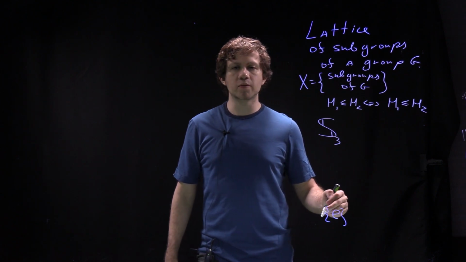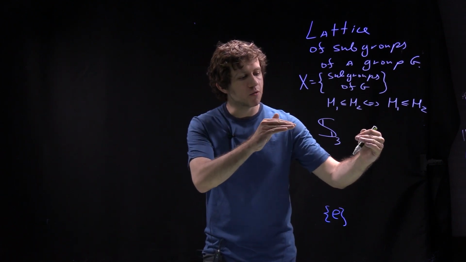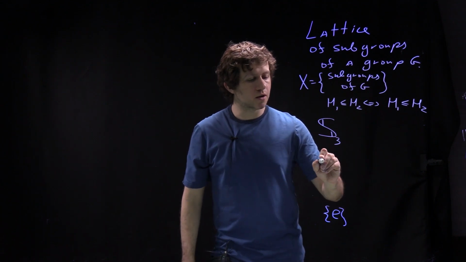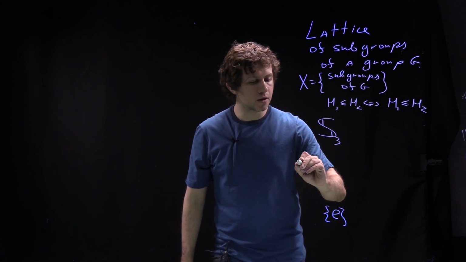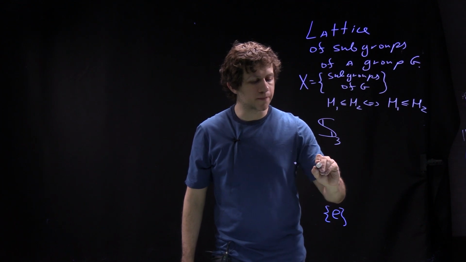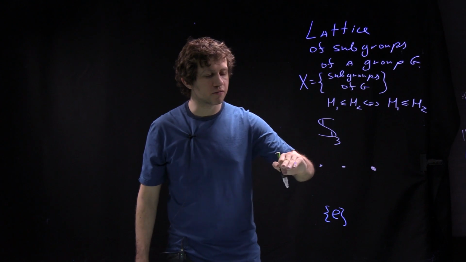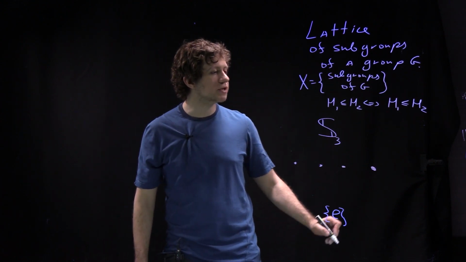So the first question you might ask is, okay, how many layers shall we write here? And of course, there will be just one layer. So all 4 subgroups S3 has will be drawn on the same layer. And the reason is very simple.